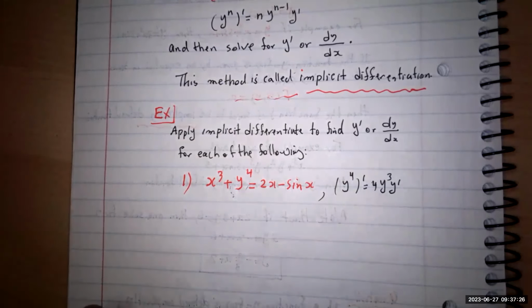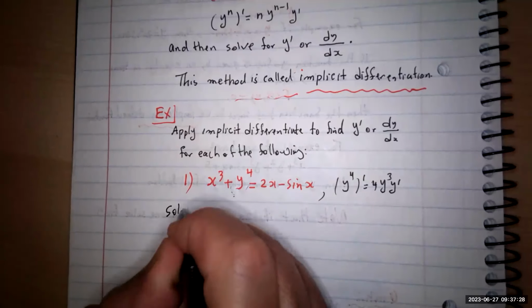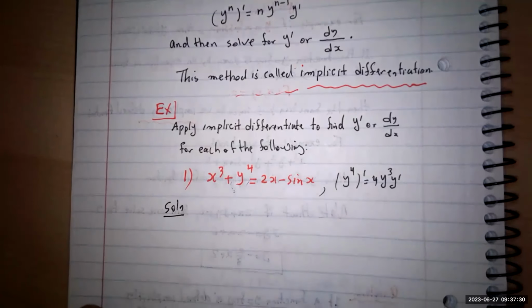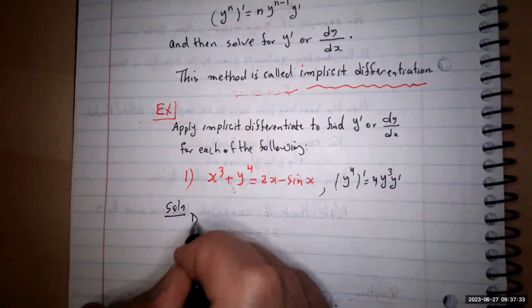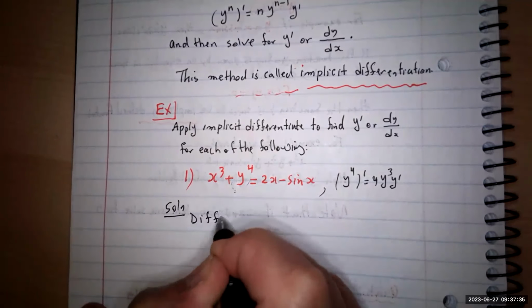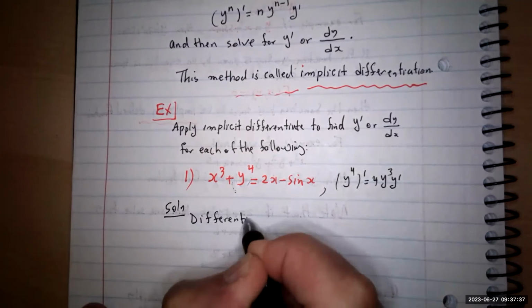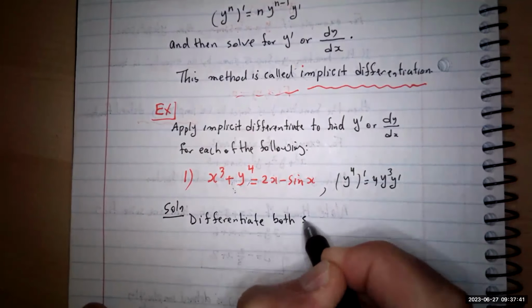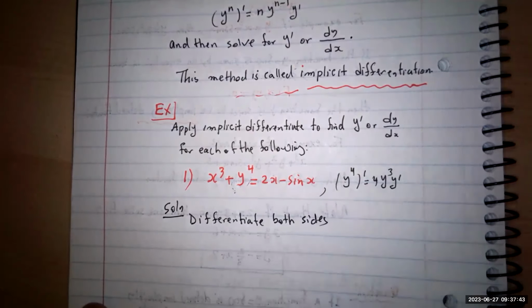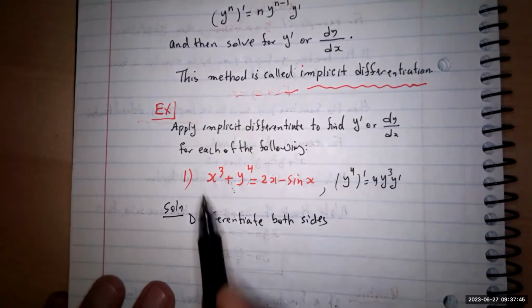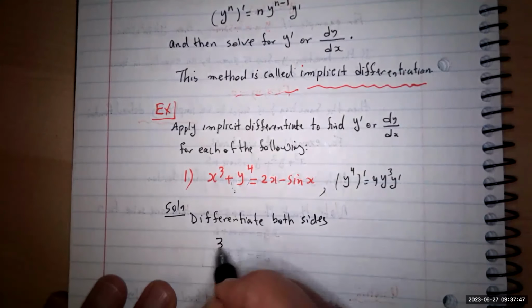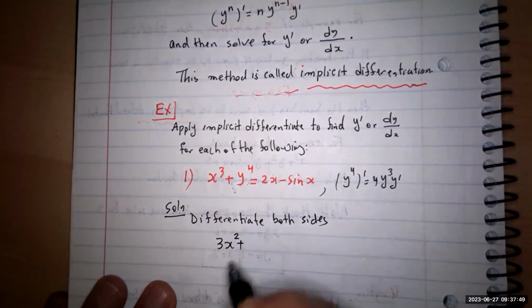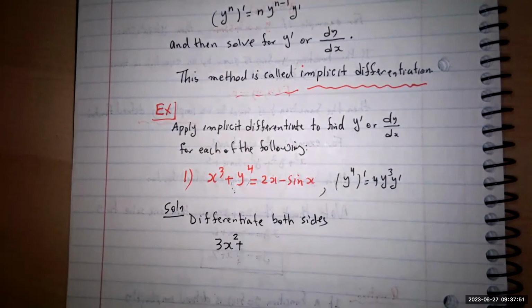So what's the solution? Differentiate both sides of the equation. We differentiate x cubed: 3x squared, done. Plus, we differentiate y to the fourth.